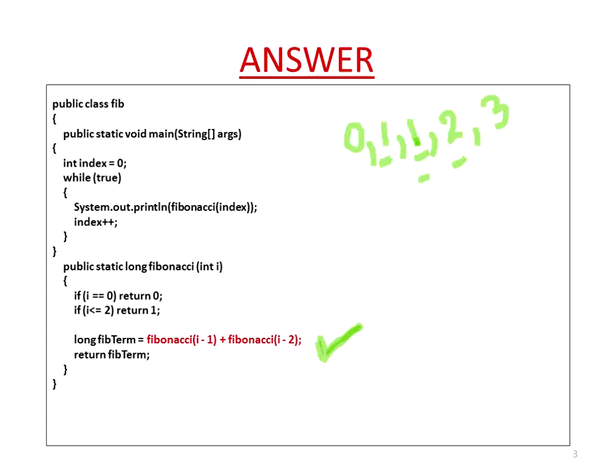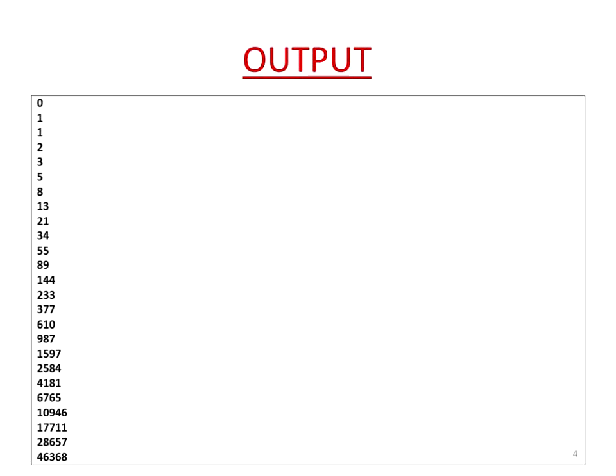And now you can see the output of this program. When you run this program, you will get this sequence: 0, 1, 1, 2, 3, 5, and so on. It will go on and on.